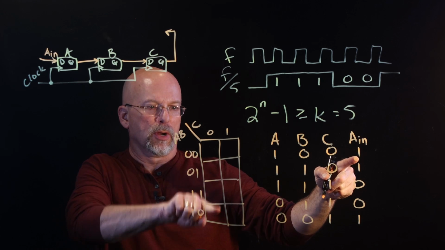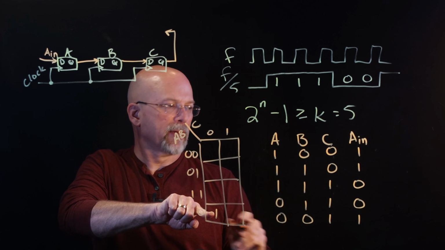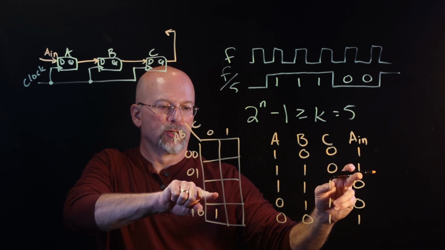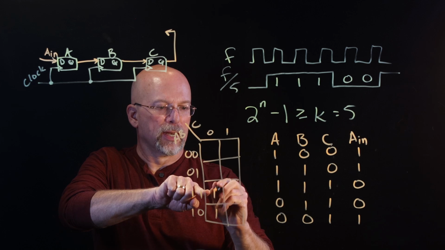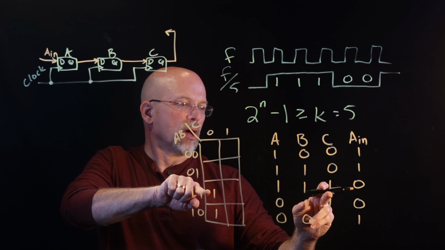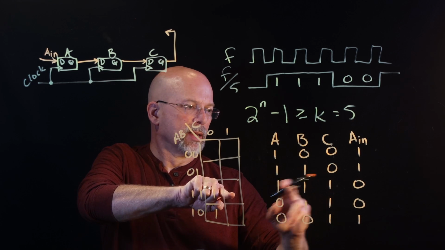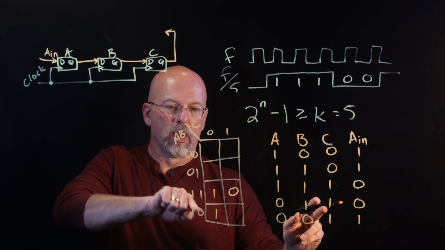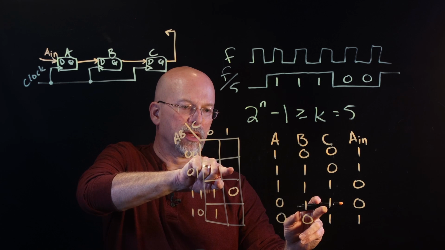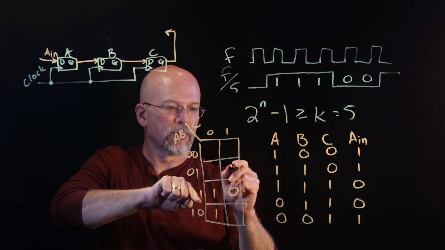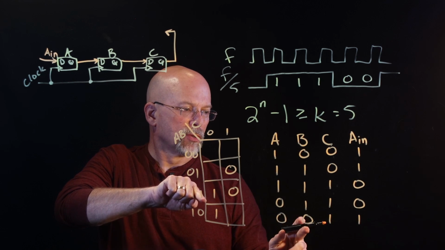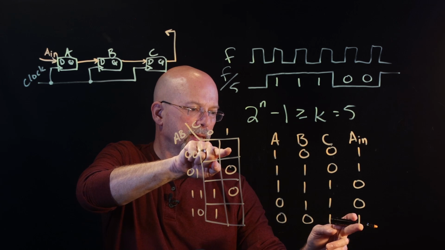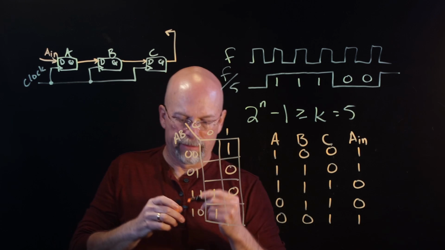So 1, 0, 0 has a 1 in it. 1, 1, 0 has a 1 in it. 1, 1, 1 has a 0 in it. 0, 1, 1, that's this cell right here, has a 0 in it. And 0, 0, 1, this cell right here, has a 1 in it.